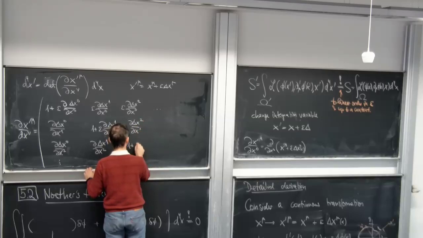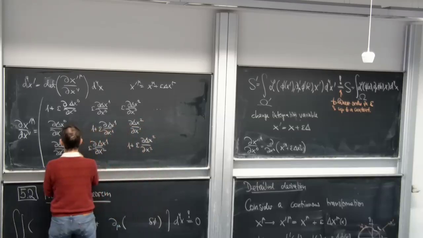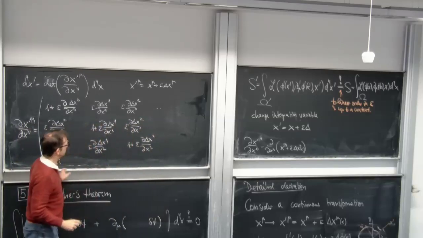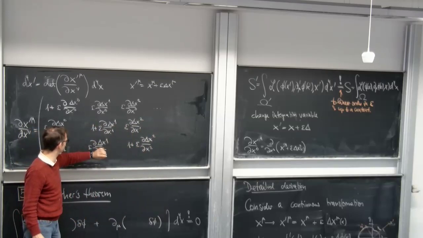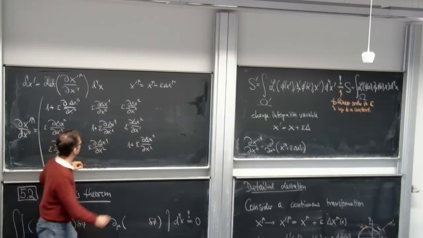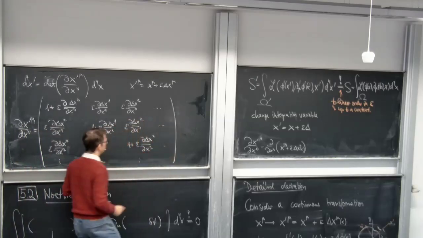And this is 1 plus epsilon d delta x 2 by dx 2. And here are all the epsilons missing. So this capital delta is a small quantity, and I chose to write the epsilon explicitly. There's always another term here, but it's just too much to write.